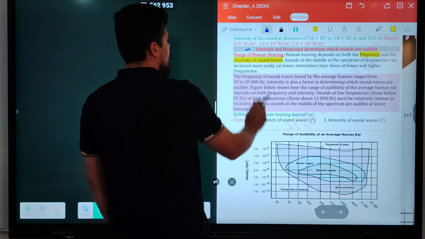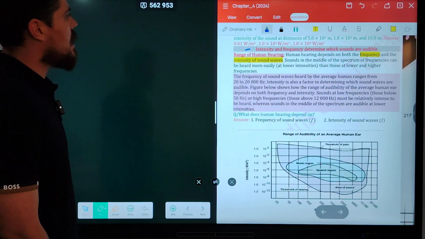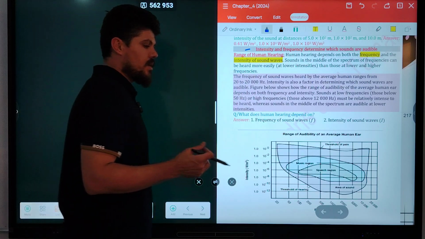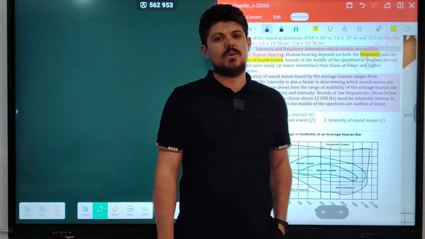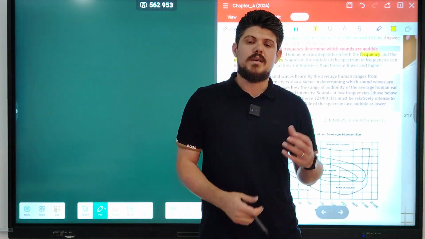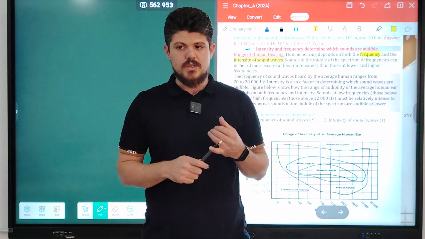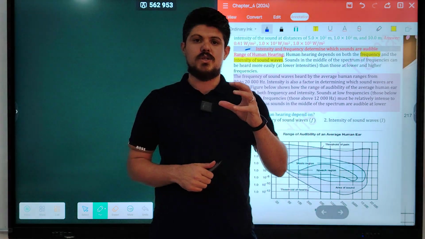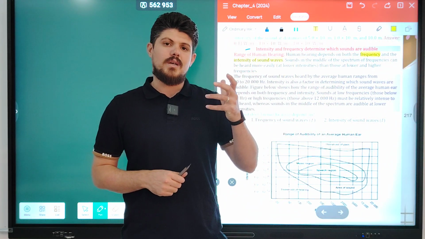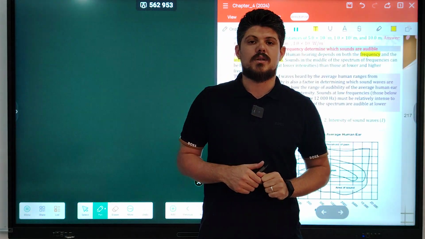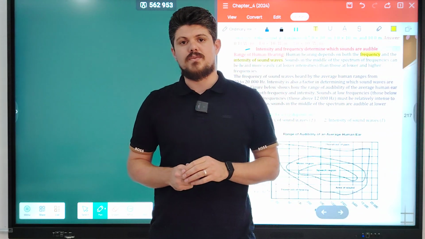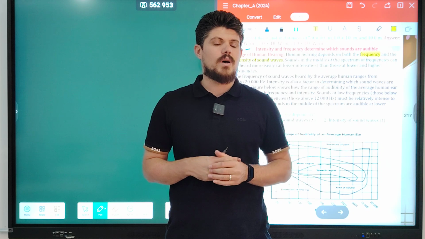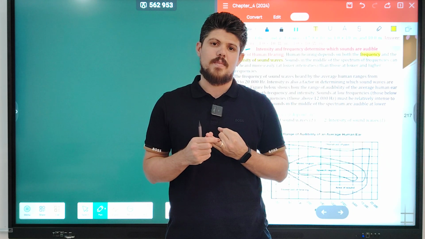Okay. Another topic, guys. Intensity and frequency determine which sounds are audible. If you remember in chapter 1, we studied the audible sound. We had 3 different types of sound: infrasonic sound, ultrasound, and audible sound. In the audible sound, the frequency range was between 20 hertz and 20,000 hertz. But guys, be careful. To determine which sound is audible, we need both frequency and intensity.